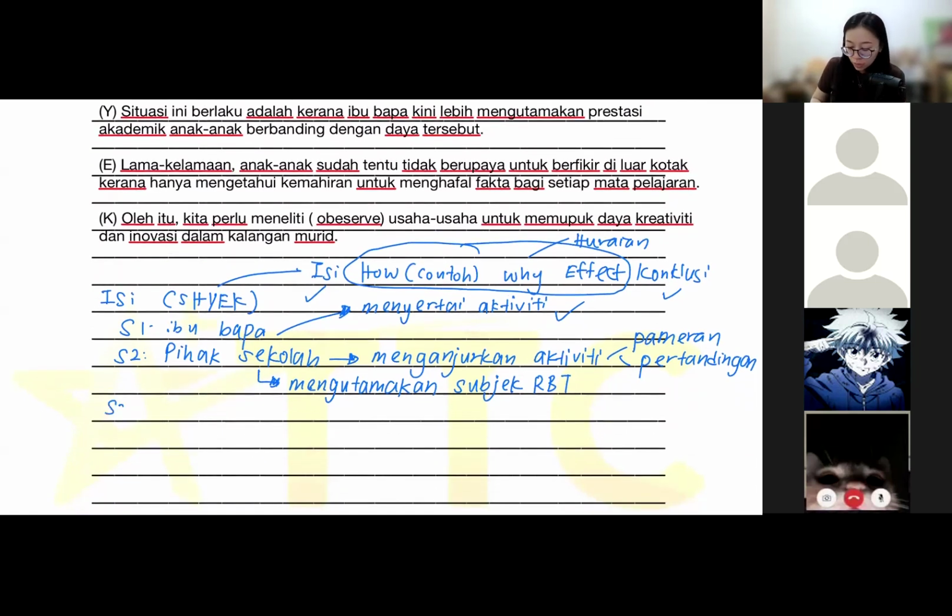Now, number 3, who else can do something other than pihak sekolah dan ibu bapa? Selain ibu bapa dan pihak sekolah, siapakah lagi yang boleh memupuk daya kreativiti dan inovasi dalam kalangan murid? Diri, okay. If you want to say own self, what can we do?